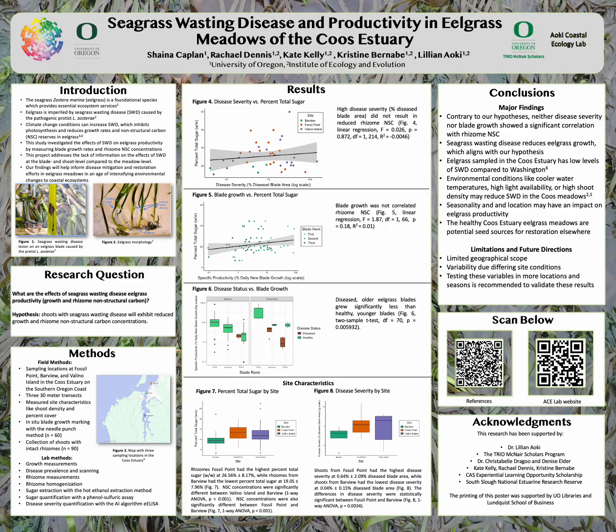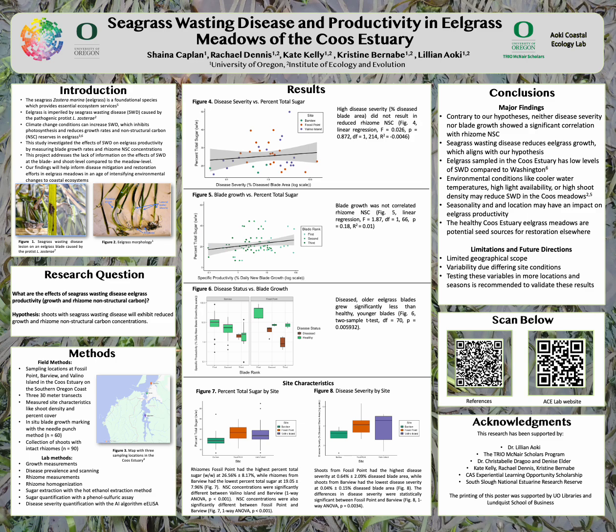Also, we sampled in early summer, meaning that high photosynthetic activity could have increased the amount of sugar accumulation in rhizomes relative to blade growth. In other words, sampling in different seasons may have produced a stronger relationship between blade growth and rhizome sugar concentrations.